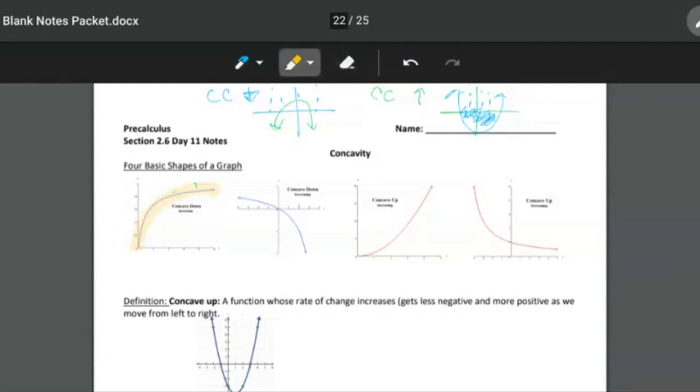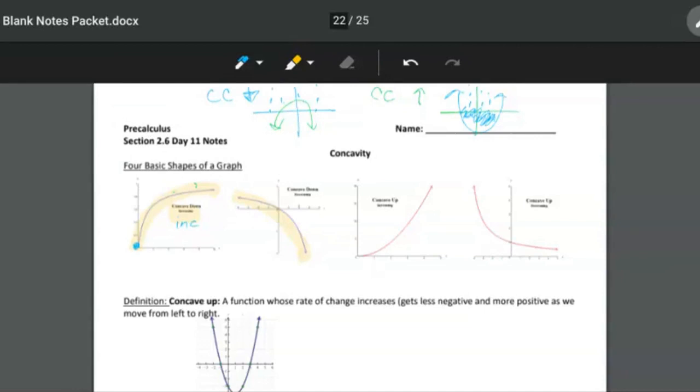So this second shape is also concave down. It's like the right side of a parabola that's curving downward. But the difference between these is, and I know these words are really tiny, right here that word says increasing. This graph is increasing.